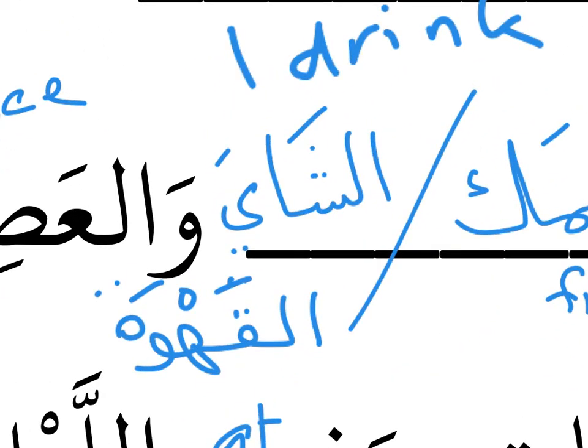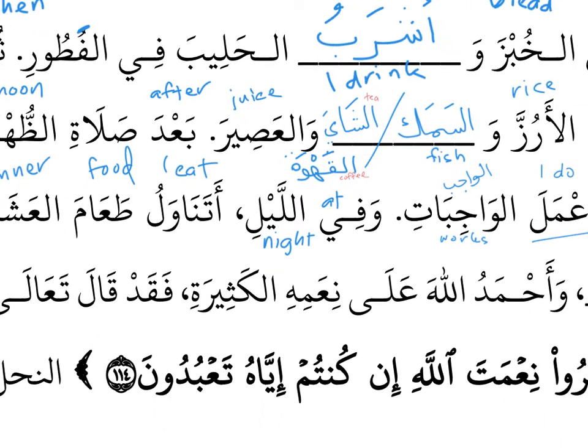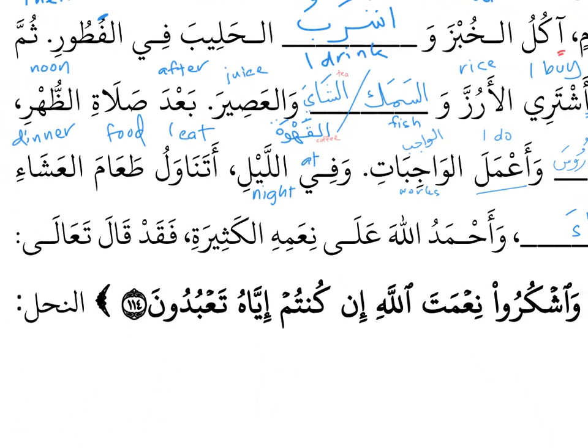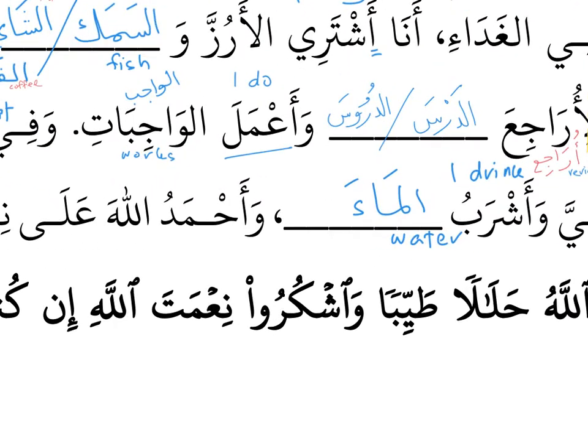Sorry, I forgot to write the meaning. Wa ashrabu ashai, or wa ashrabu al-qahwa, coffee. So here you learn some vocabularies related to food and drinks. Put them in your vocabulary list. Wa ashrabu al-ma, and I drink water.